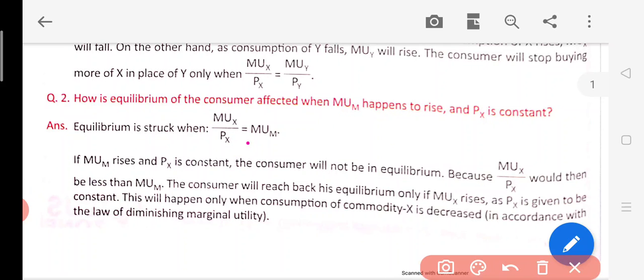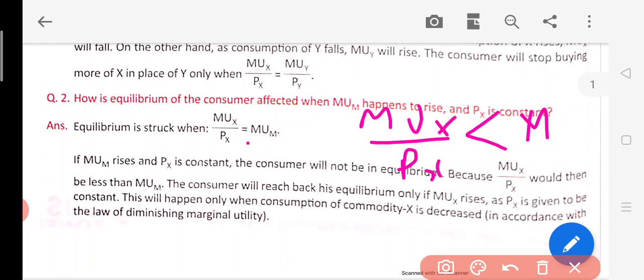This equal to sign will not be there, because if MUM happens to rise, it will be like MUX upon PX. So here MUM is greater, so this arrow will be opened at the side of MUM. So here this is not the situation of equilibrium, because MUX upon PX would then be less than MUM.